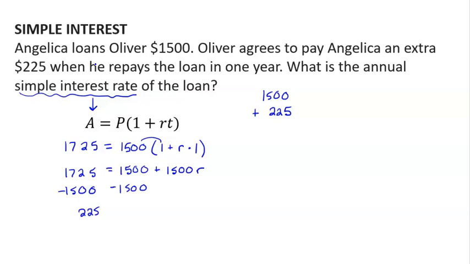We're asking what percentage of his original amount, right? And so to find out the percentage of the original amount, we're just going to divide by the original amount. So we're taking the interest and dividing it by his original amount.